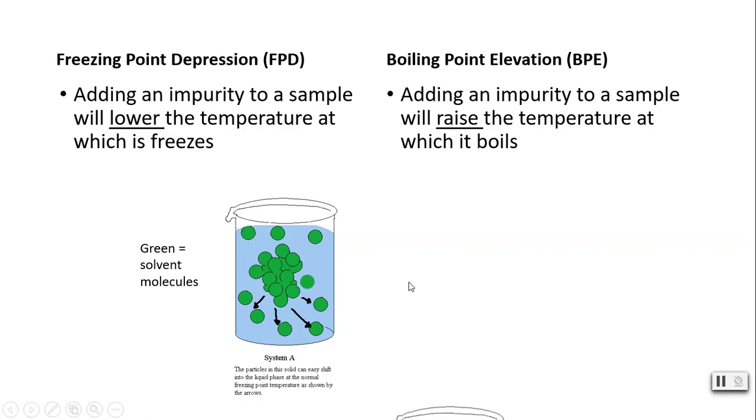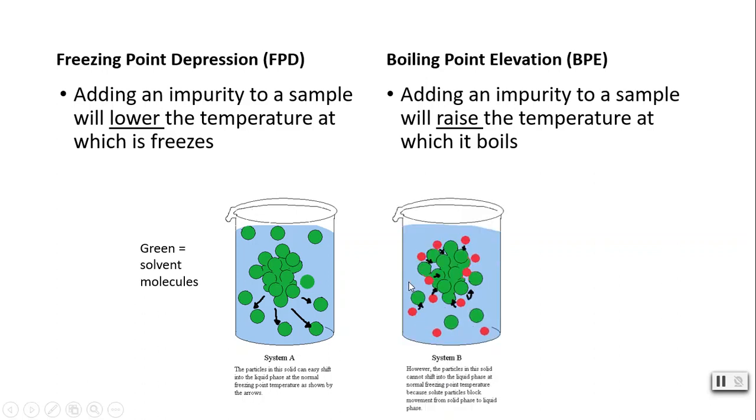Now what happens if I go ahead and I add an impurity? Let's say that impurity, like benzoic acid, is these little red spheres. When adding an impurity to a sample, that impurity sort of gets in the way, as these little black arrows show. That impurity gets in the way of the solvent molecules changing states.